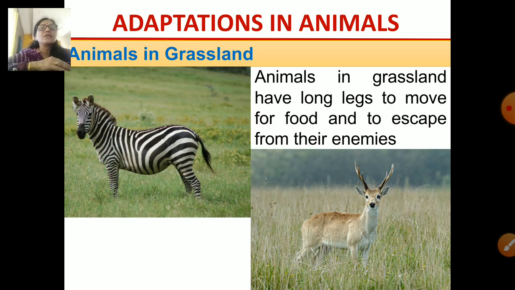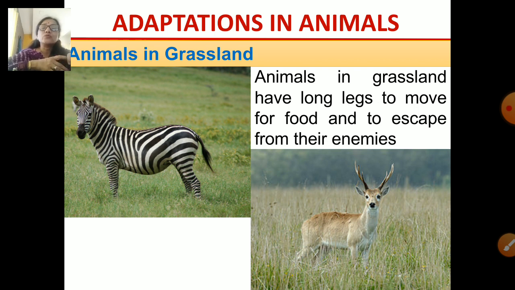So now, here are the animals in the grasslands, right? Here are the animals in the grasslands, and the animals in the grasslands are suited to live on the land.